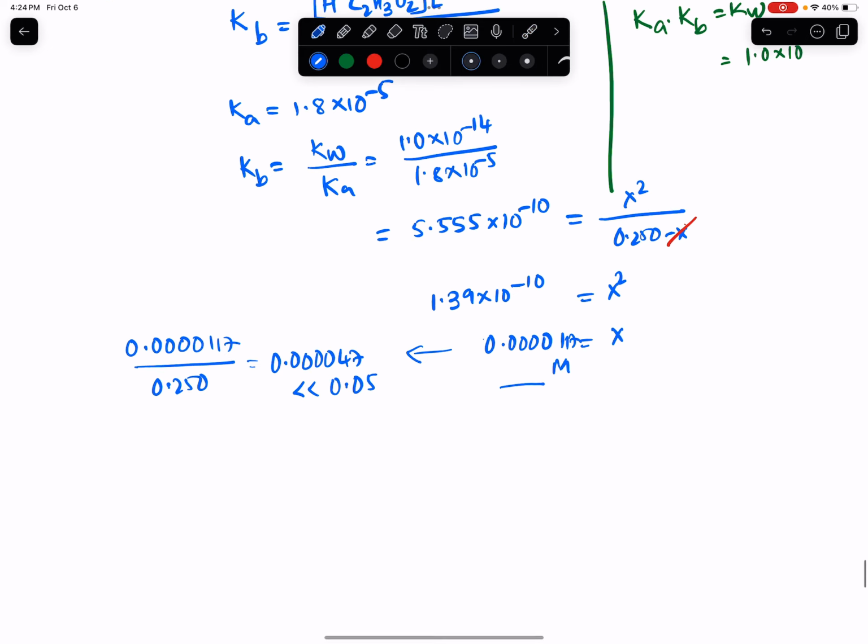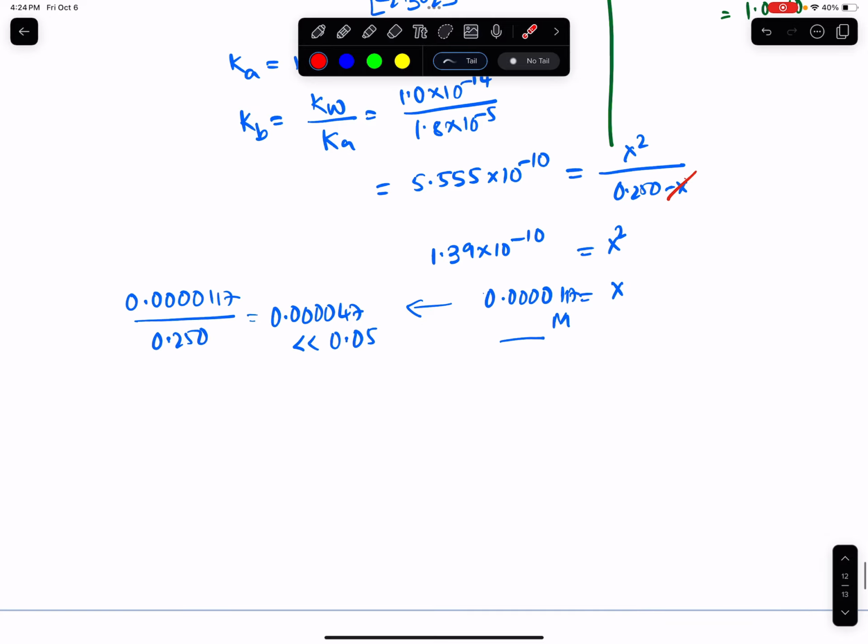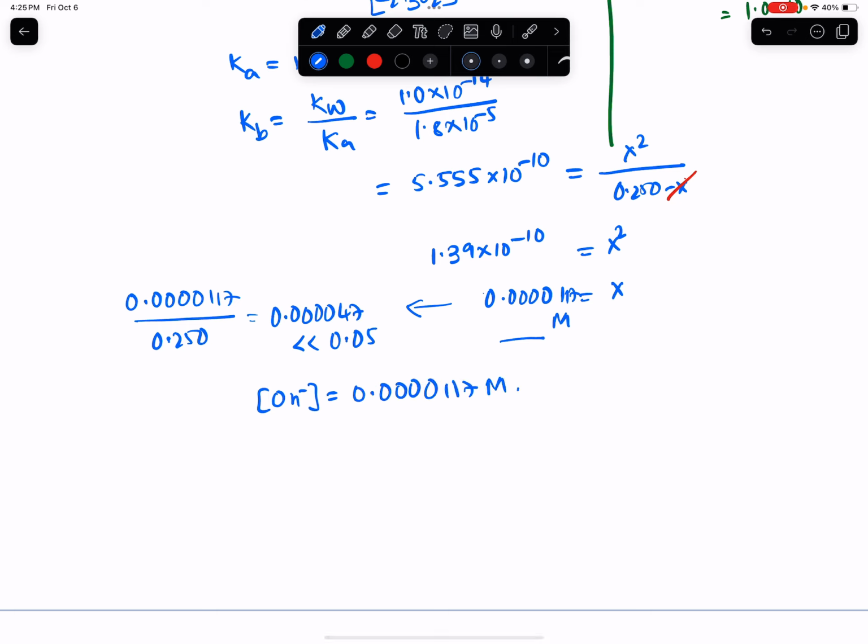So this is the concentration of OH- ions in solution. Let's write that down clearly: the concentration of OH- ion is equal to 0.0000117 molar. So the pOH is going to be the negative log of this number, which is equal to 4.93.